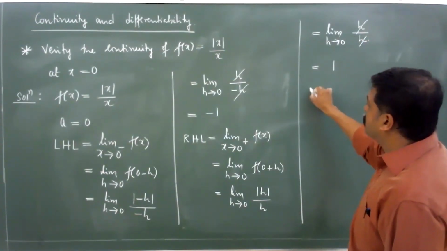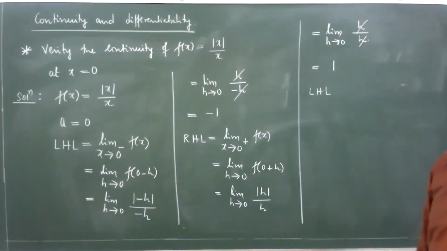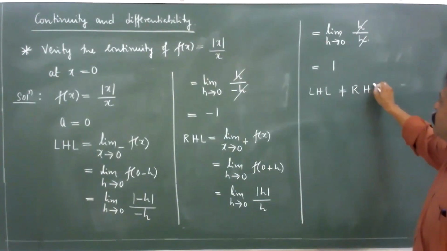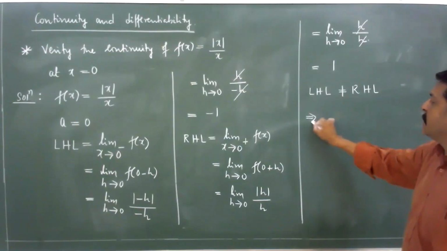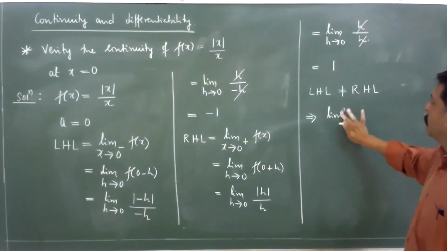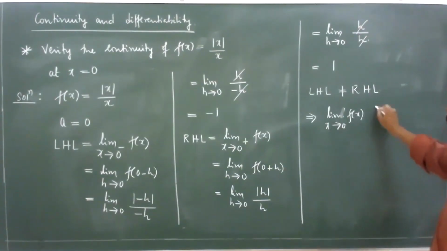What is the observation? Left hand limit is -1, right hand limit is +1. LHL not equal to RHL. This implies limit x tends to 0, f of x does not exist.